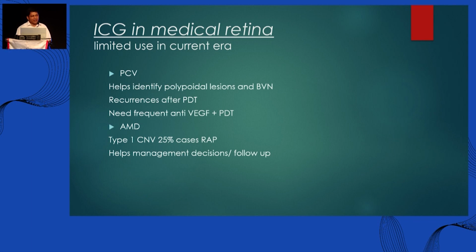Like say in AMD, of course, maybe type 1 CNVs, because in type 1 CNVs sometimes you see polyps, like 25%, which you can miss otherwise. So this helps your decision.